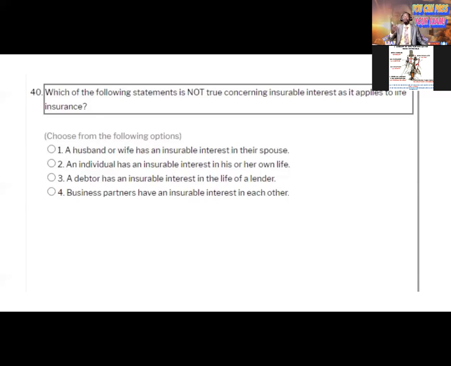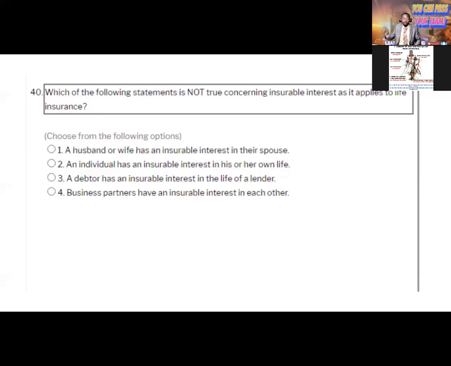Let's say, for example, back to the first example, husband and wife. Let's say that you plan to get married tomorrow. If you and your honey bunny are getting married tomorrow, don't say, since we're going to get married tomorrow, why can't we do the insurance today? Well, you haven't gone to the court yet to sign those court documents so that you are legally married. So therefore, you cannot do the policy today.